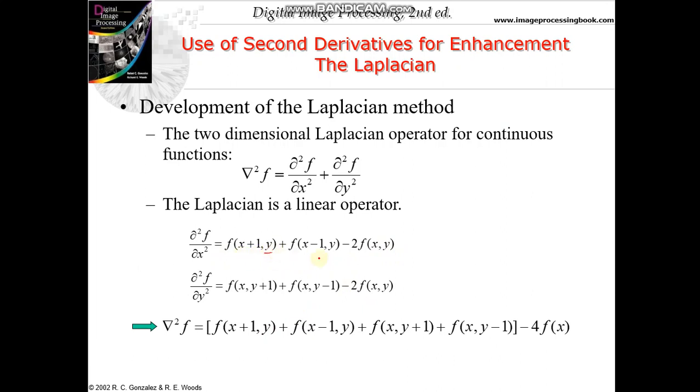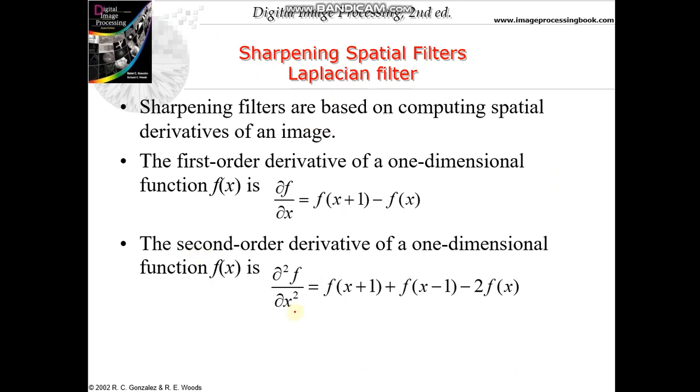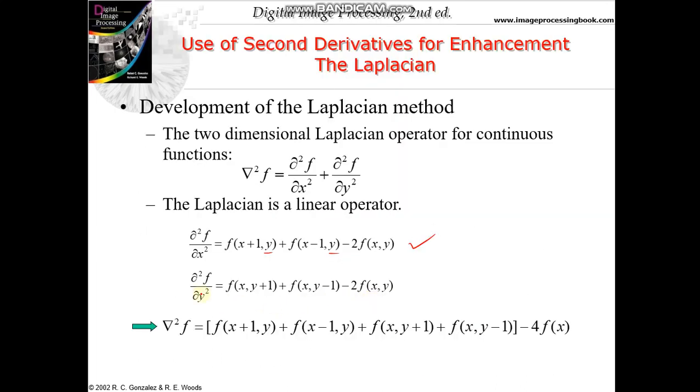The x part is f of x plus 1, y plus f of x minus 1, y minus 2 f of x, y, the same second order derivative we saw earlier. Now dou square f by dou y square is with respect to y: f of x, y plus 1 plus f of x, y minus 1 minus 2 f of x, y. Now what is del square f? The sum of these two: f of x plus 1, y plus f of x minus 1, y plus f of x, y plus 1 plus f of x, y minus 1 minus 4 f of x, y.